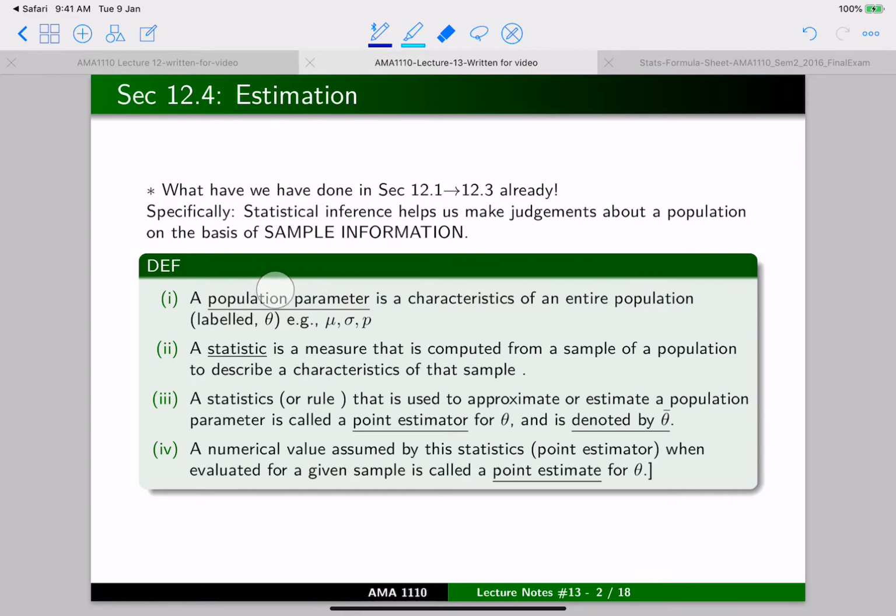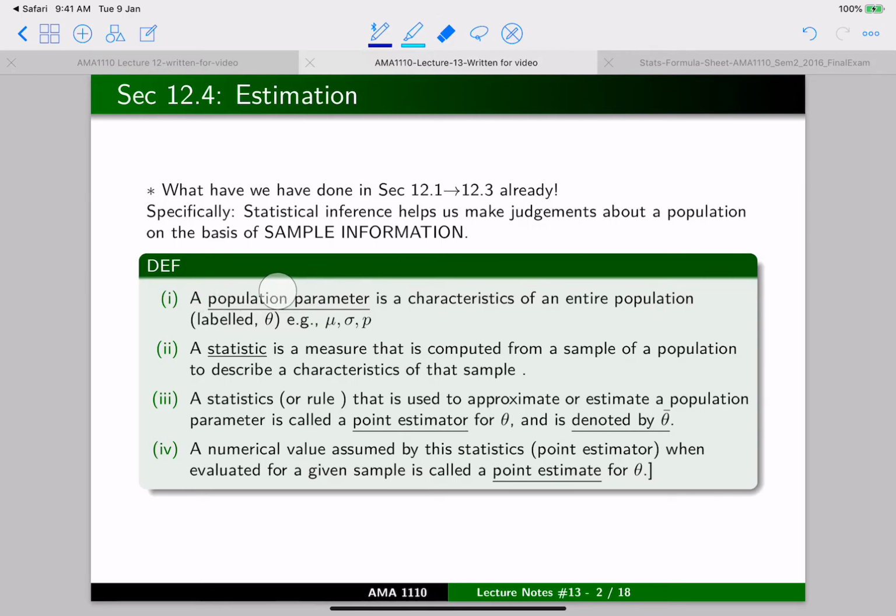So this section has to do with statistical inference from sample information. Some problems are too hard to solve because there are too many things in a population, right?